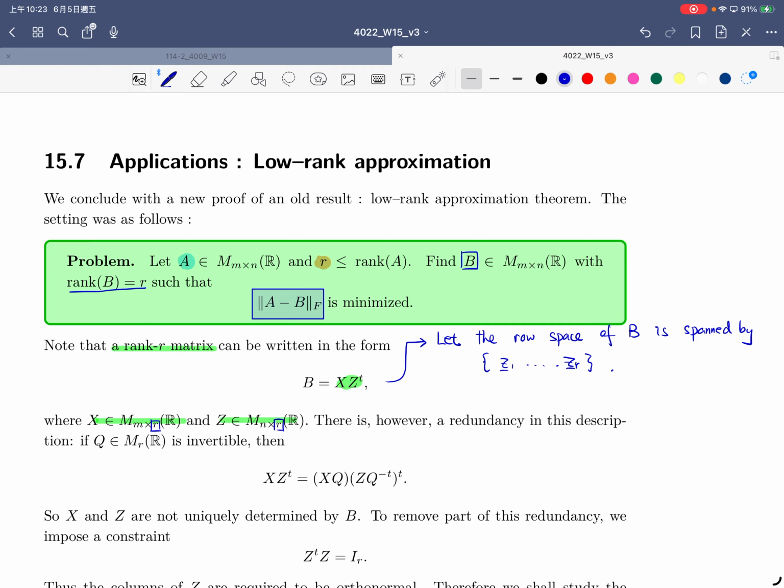And now, because z1 to zR span the row space, every row of B, let's say the ith row of B, can be written as a linear combination of z1 up to zR. So you can write it as a linear combination of the zj, j from 1 to R, with some coefficients x_ij.